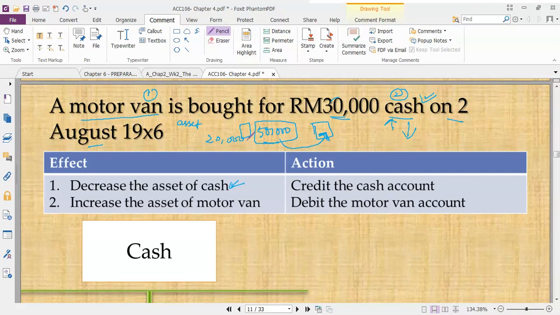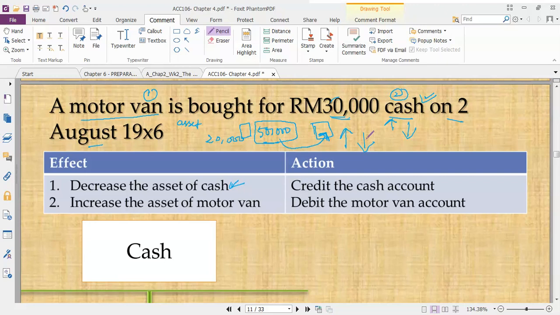So is our cash inside the purse decreasing or increasing? Yes, that is right. Our cash inside the purse is decreasing until only 20,000 is left, from 50 to 20.